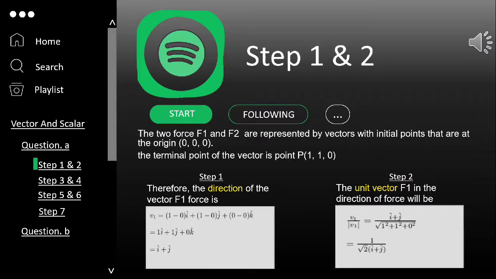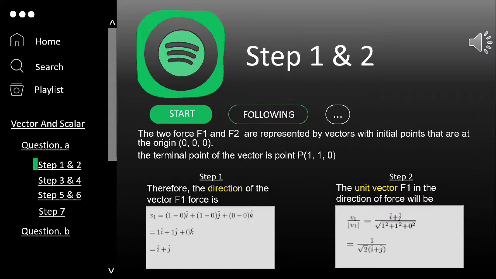Therefore, the direction of the vector F1 is V1 equals (1 minus 0)I plus (1 minus 0)J plus (0 minus 0)K. The answer equals 1I plus 1J plus 0K. The last answer equals I plus J.